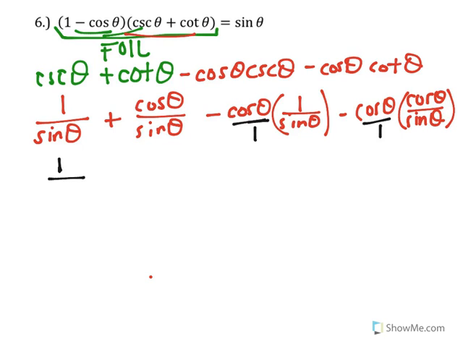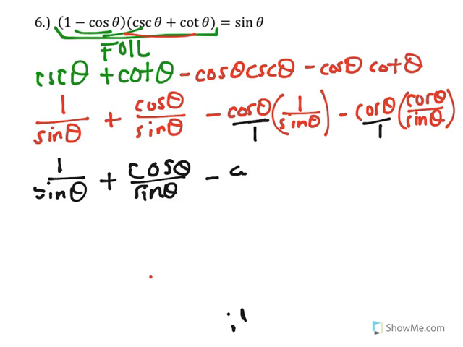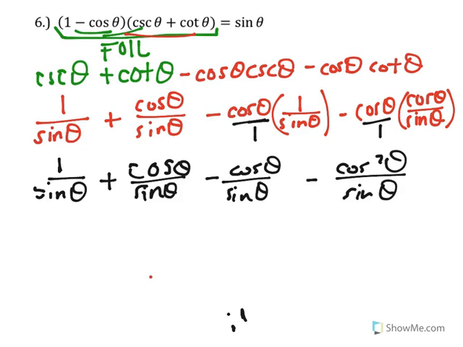So I have 1 over sine plus cosine, sorry guys, my stylus, like I said, is acting up a little bit, so we get cosine over sine, there we go, a little bit better, minus cosine over sine, and then we get minus cosine times cosine squared over sine.